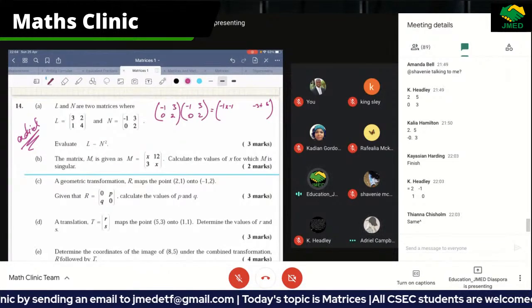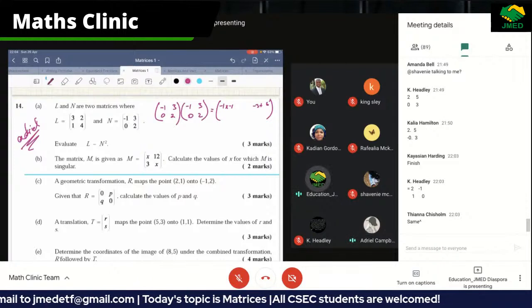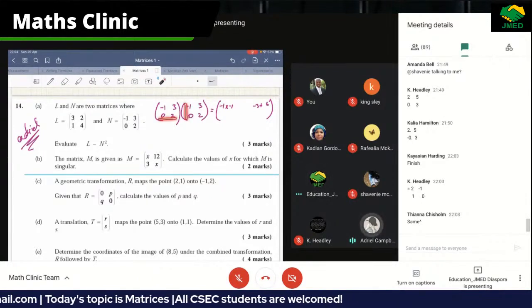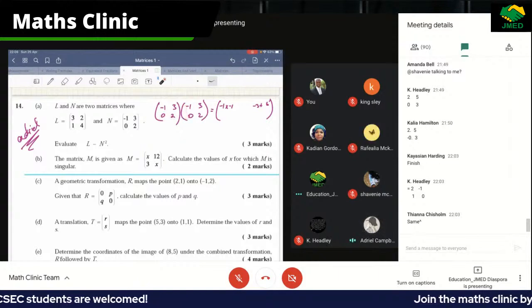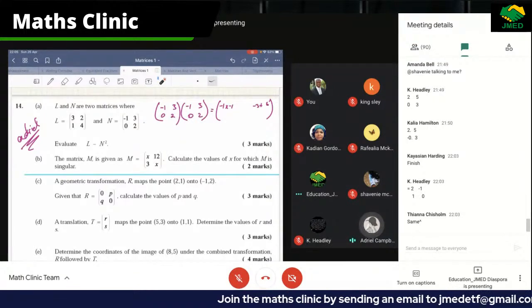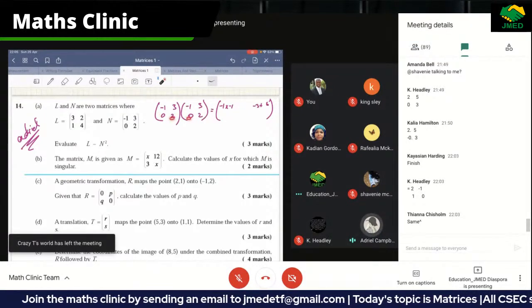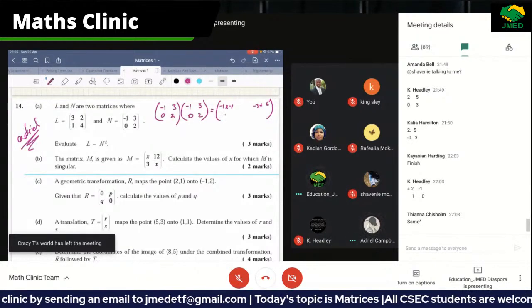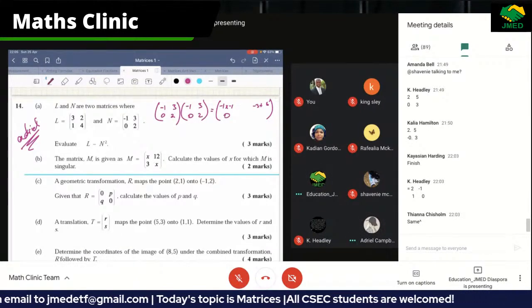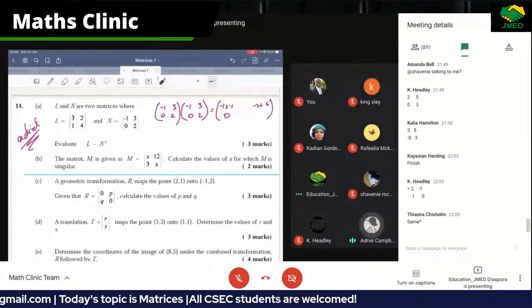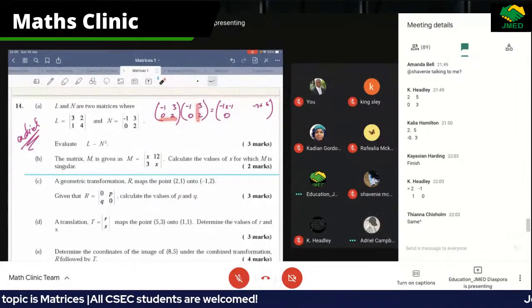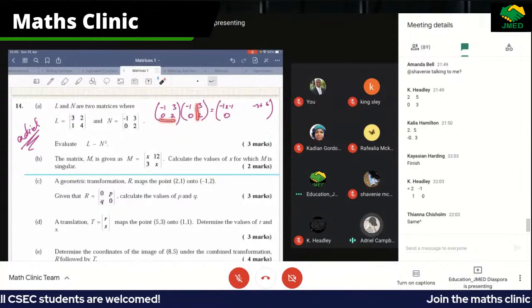And then what do we do for the bottom row? We go to the second row and multiply the second row by the first column, which would give 0 times negative 1 plus 2 times 0, which would be 0. And then for the other side, 0 times 3 plus 2 times 2.